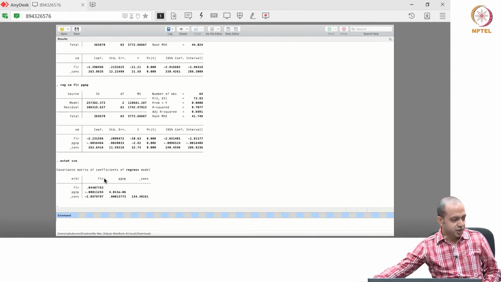So, this you have to put into the formula. From here I will take the square root of this, then the square root of this, plus 2 into this value.